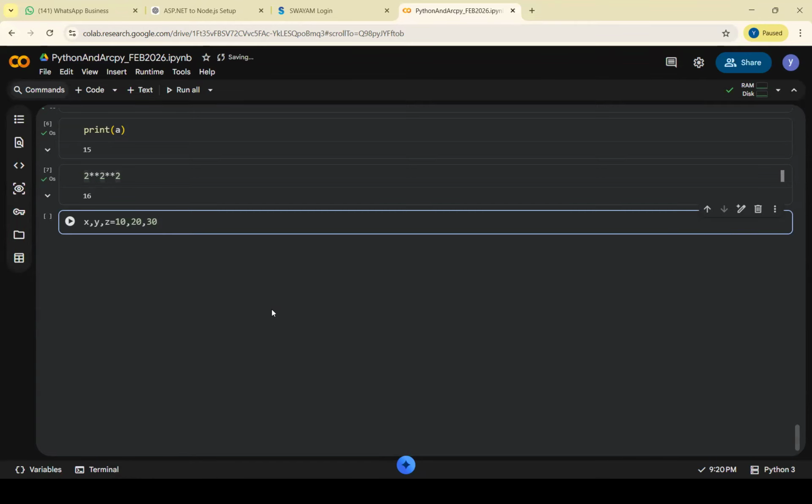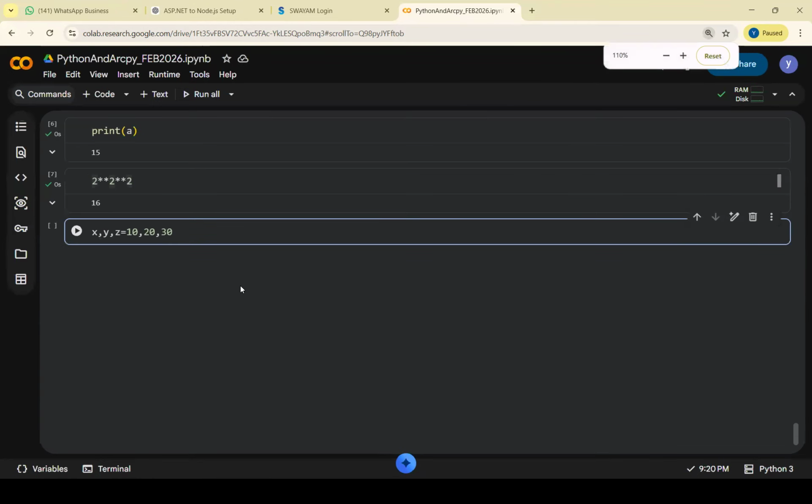If you write this kind of a statement, the meaning of this is that the value of x is equal to 10, value of y is equal to 20, and value of z is equal to 30.